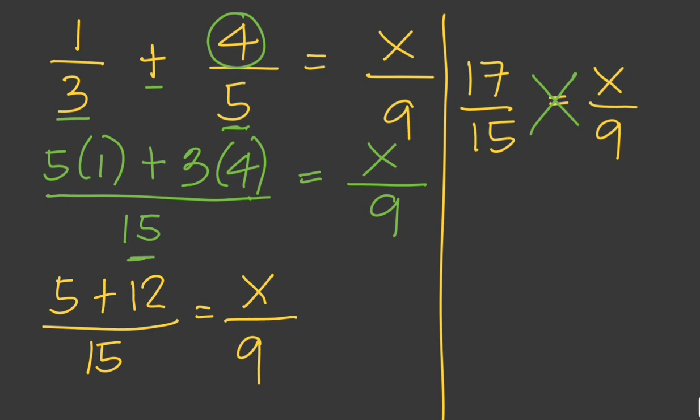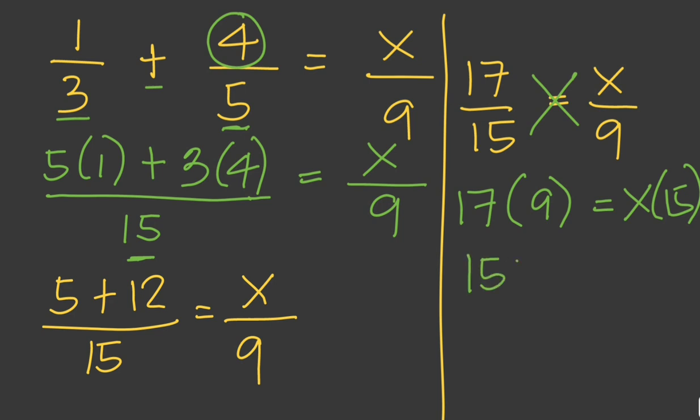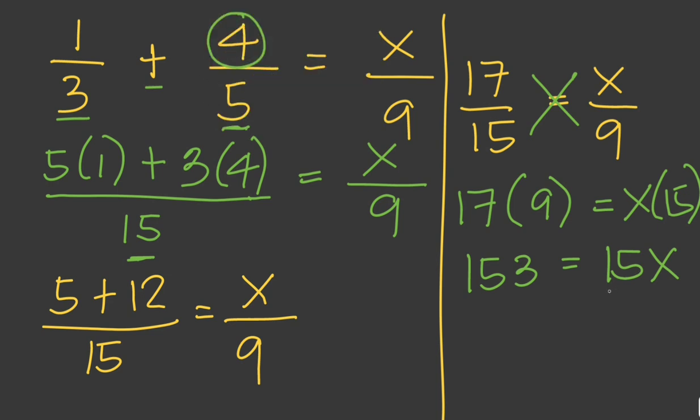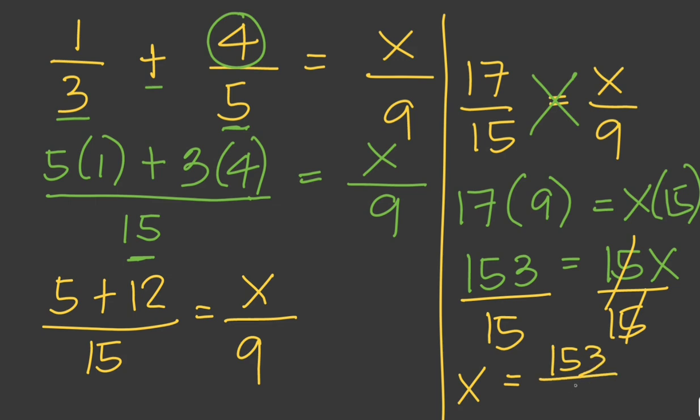So we multiply 17 and 9, so that is 17 times 9 equals x times 15, and this is just equal to 153 equals 15x. Now to finally solve for x, we divide both sides by 15. Therefore x is equal to 153 over 15.